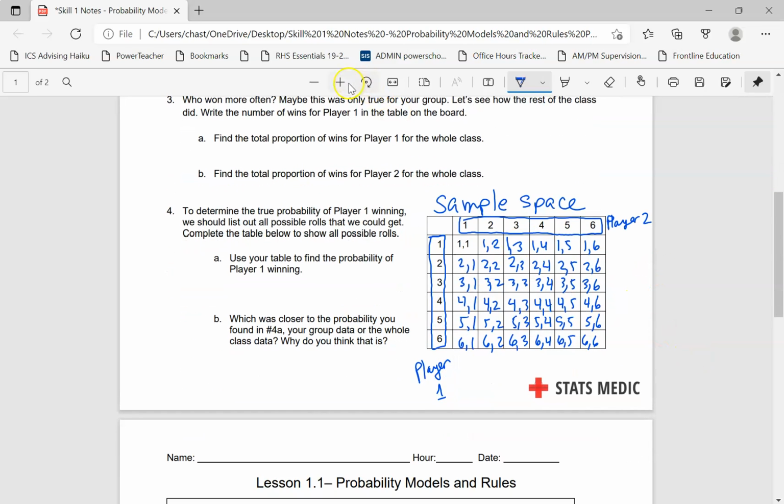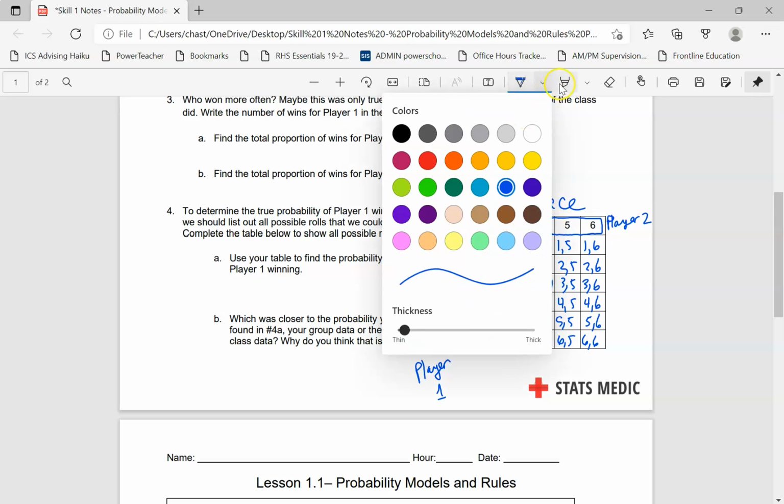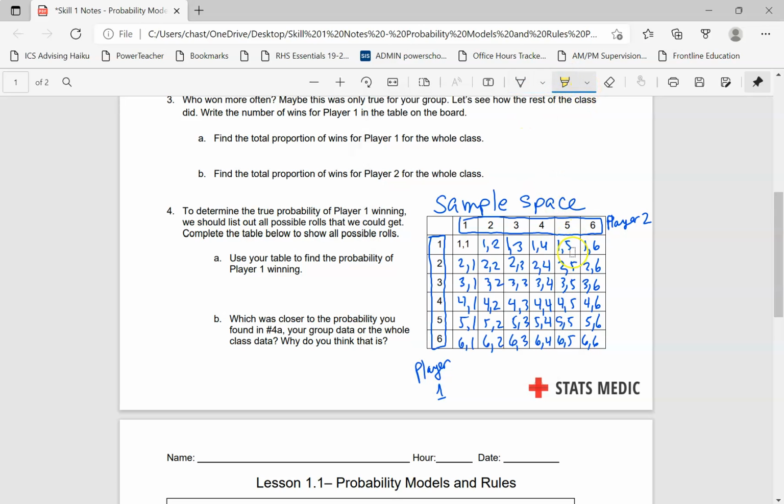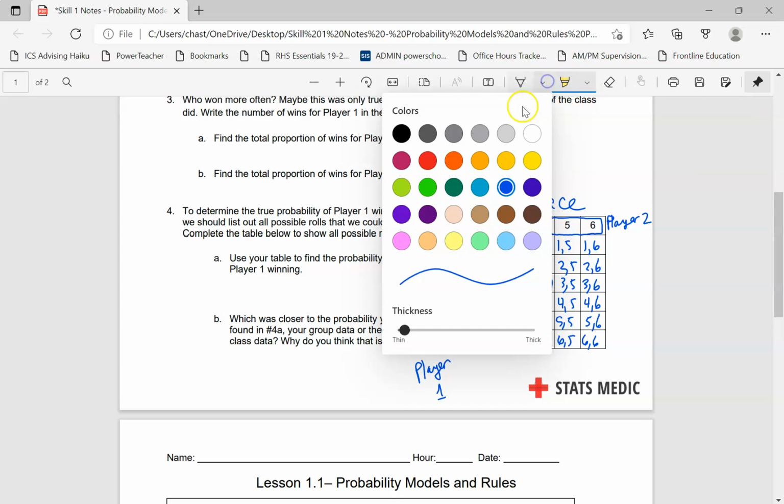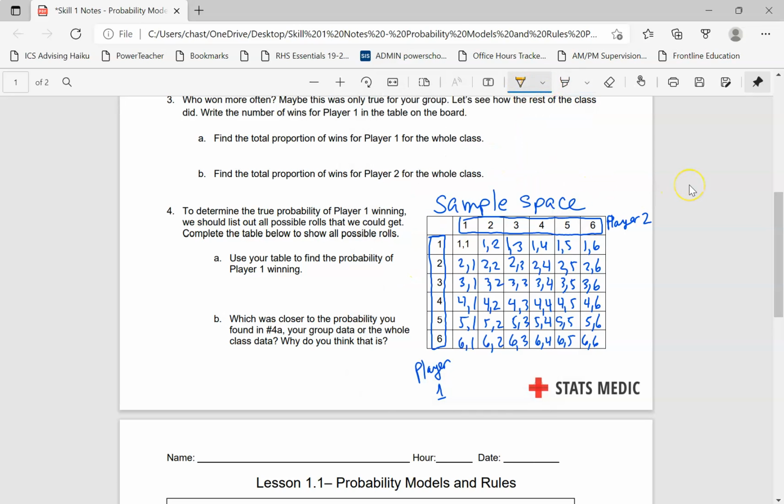So what I'm going to do, let's use the highlighter tool. Oh no, let me just circle them in gold. I'm going to circle all the ones where the highest of the numbers rolled is a 1, 2, 3, or 4. So these are definitely going to work.